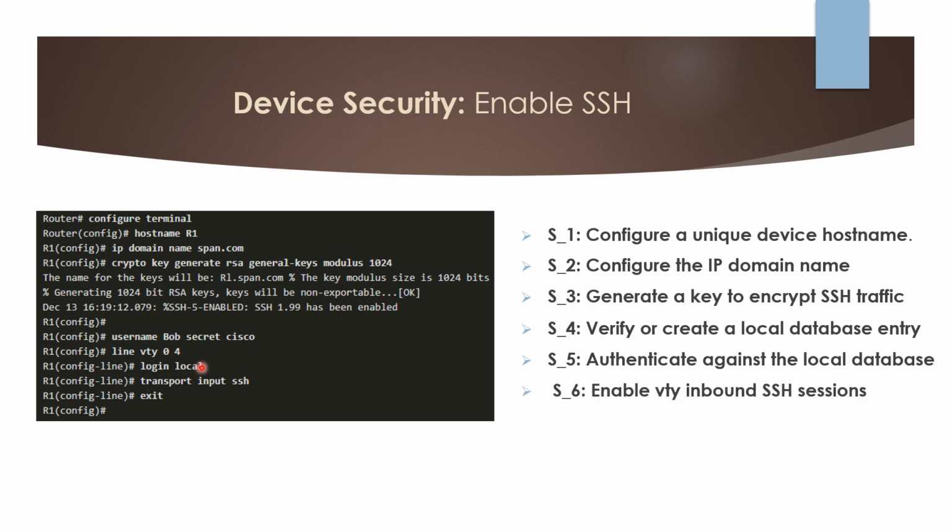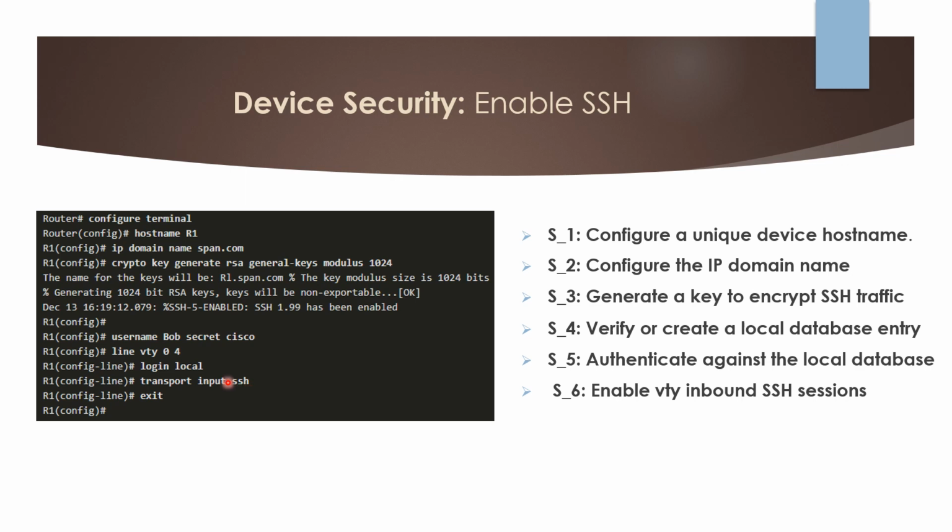Step 6 is to enable the VTY inbound SSH session. By default, no input session is allowed on VTY lines. You can specify multiple input protocols, including Telnet and SSH, using the transport input ssh command.